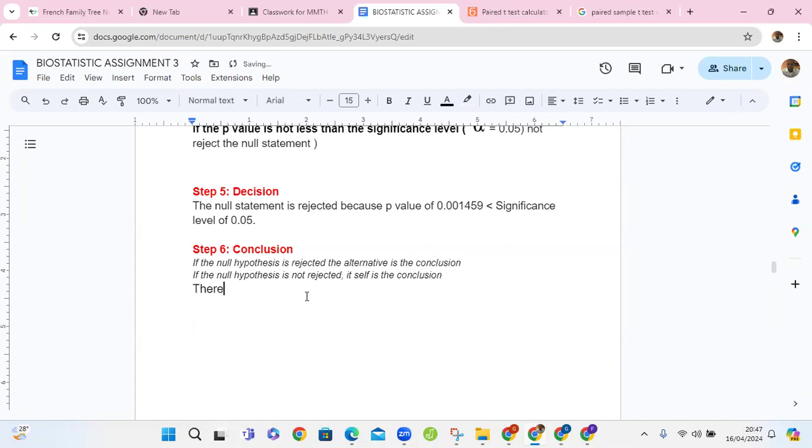So therefore, the null hypothesis was rejected, the alternative statement is the conclusion. The alternative statement is saying that the difference is not equal to 0.